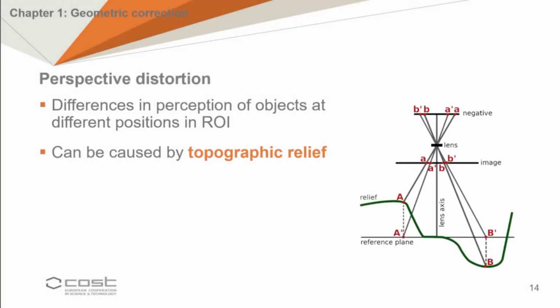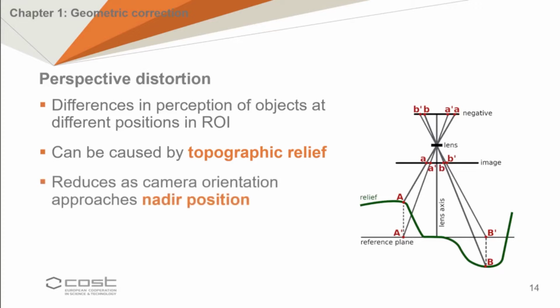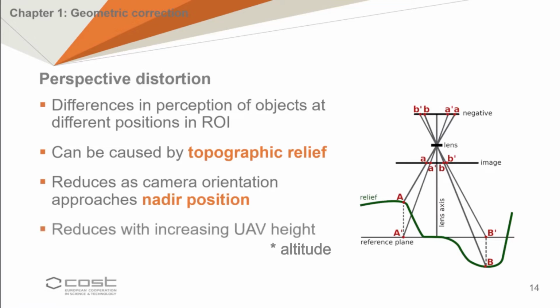This effect can often be observed with topographic relief, where the same object will appear to be of different size and shape on hills and in the valleys. The effect is somewhat reduced when the camera is in a nadir orientation and with increasing height of the UAV, but is very difficult to completely eliminate. We'll discuss some of the available mitigation strategies when we consider orthorectification procedures in the following sections.